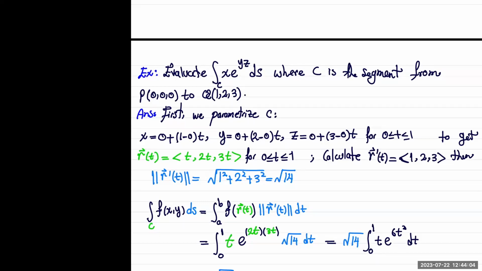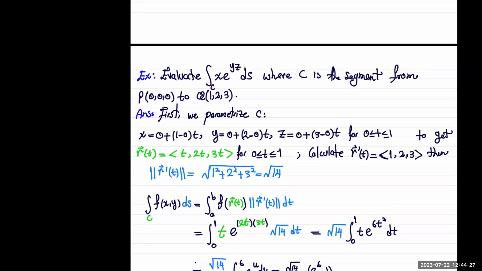Remember, if you want to find the line segment from one point to another point, first of all, you need to come up with the vector that is parallel to the line. That vector is obtained by finding the vector from the initial to the final point. Orientation and direction matter 100%.